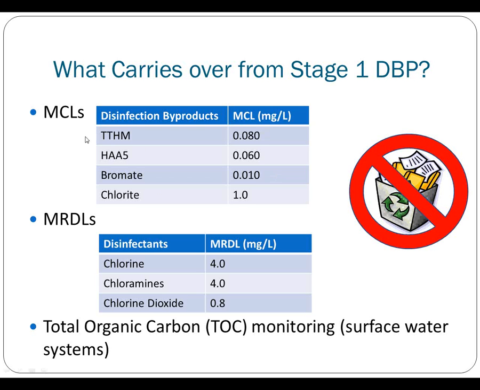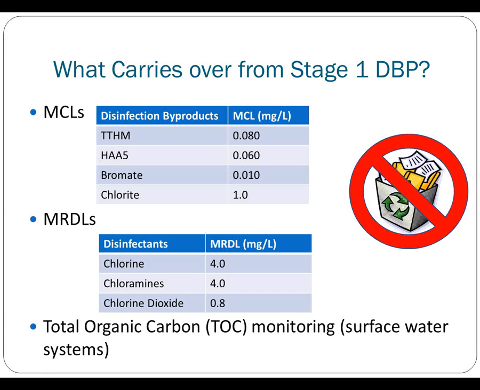Other things that carry forward from Stage 1 are the maximum residual disinfectant level, where chlorine would have to have a running annual average based on monthly averages over 4 to be in violation. This is a very high level.